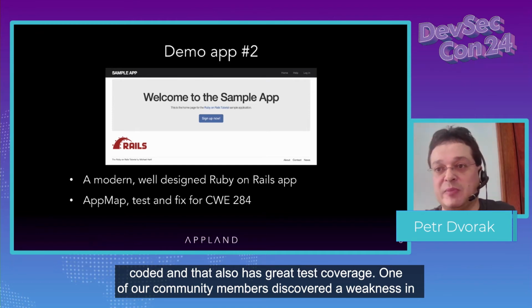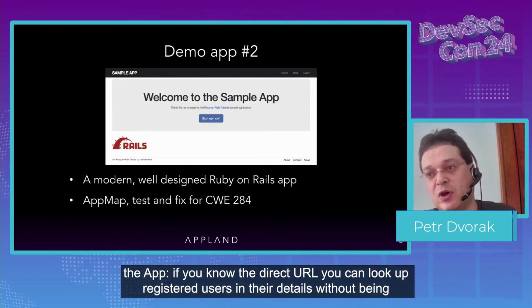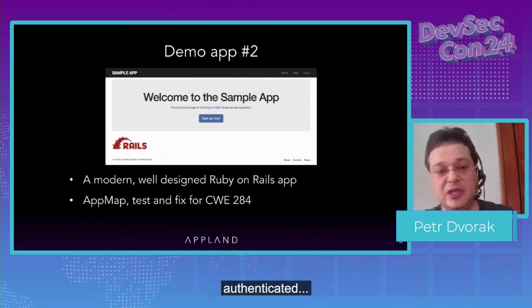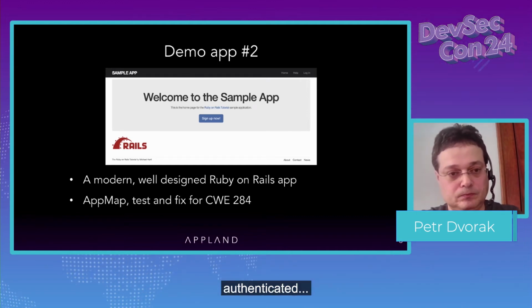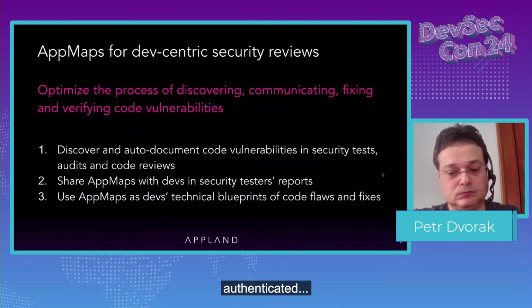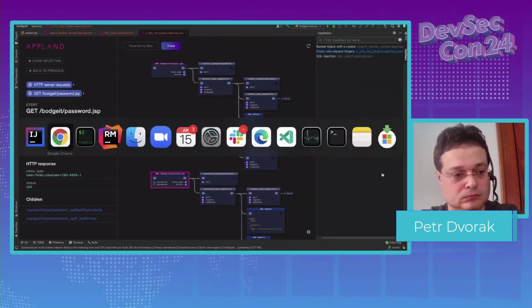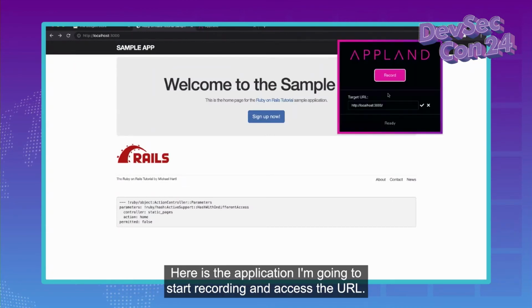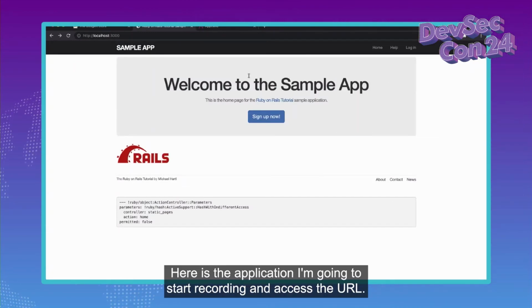One of our community members discovered a weakness in the app. If you know the direct URL, you can look up registered users and their details without being authenticated. Here is the application. I'm going to start recording and access the URL directly.